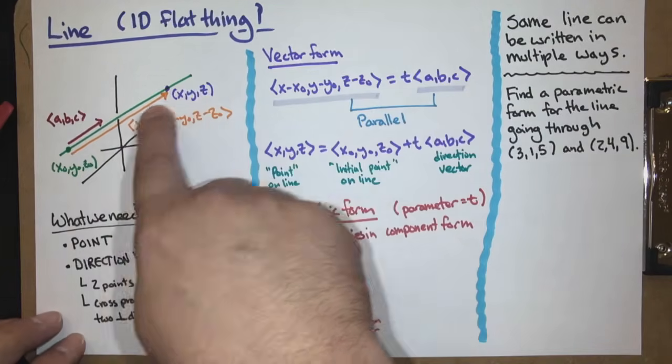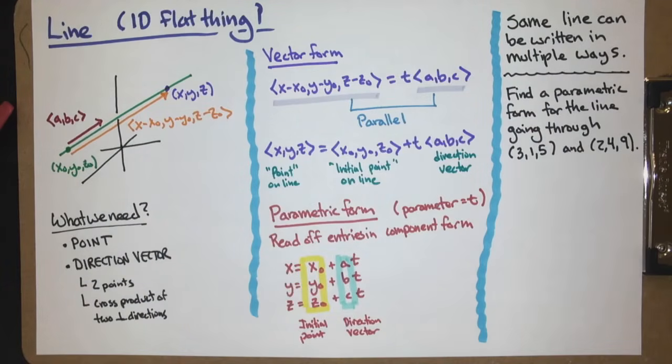Infinitely many. Any point on the line is a valid choice for a point when you're describing it with an equation. How many options do you have for your direction vector? It's still infinitely many, because you can scale it by any constant that's not 0. You can multiply by negatives. That's perfectly fine. So it is very possible that two people can write the same line that looks different initially.